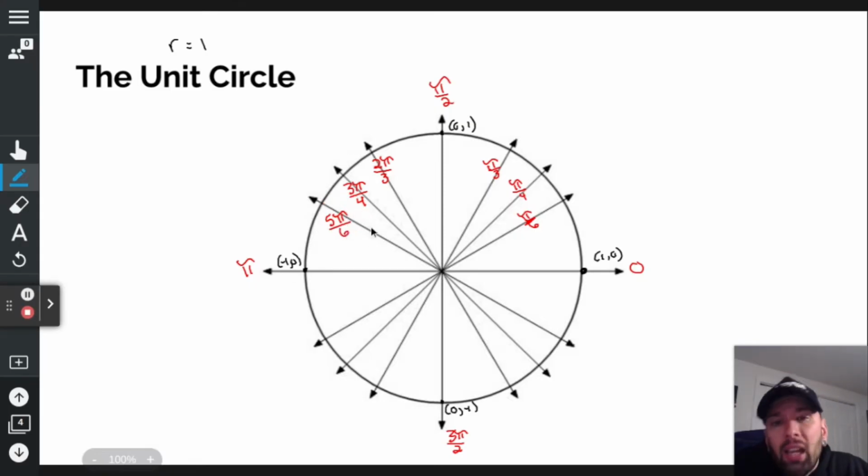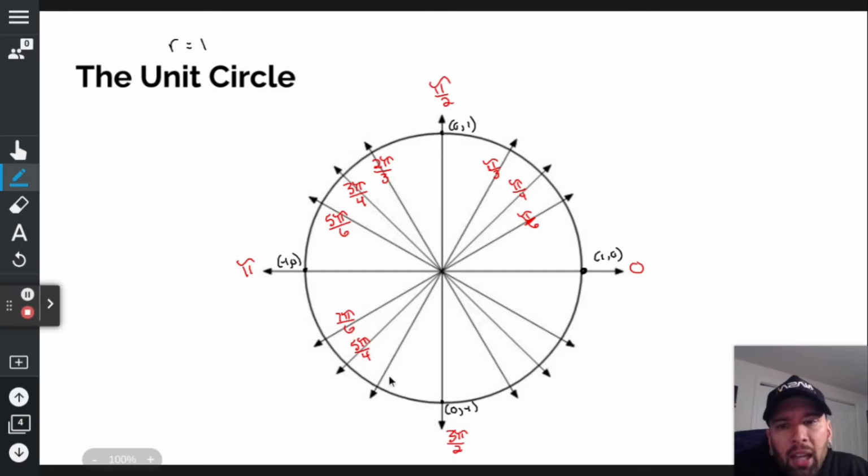Now we're at pi, and the easy way of figuring these guys out is just add pi to all 6 of them. Okay, add pi. So add 6 pi over 6 to that. That gets us 7 pi over 6. Add pi to that, that's 5 pi over 4.